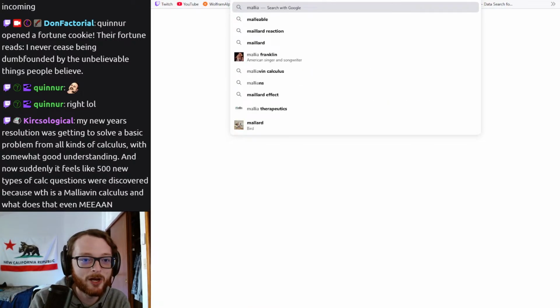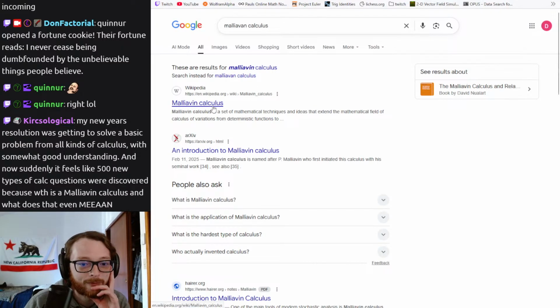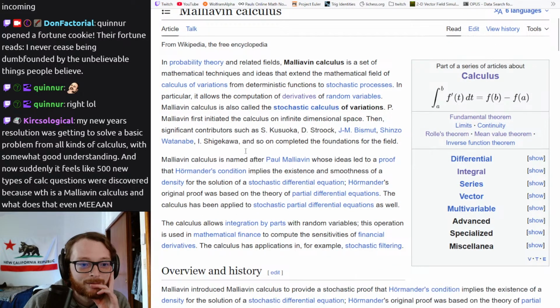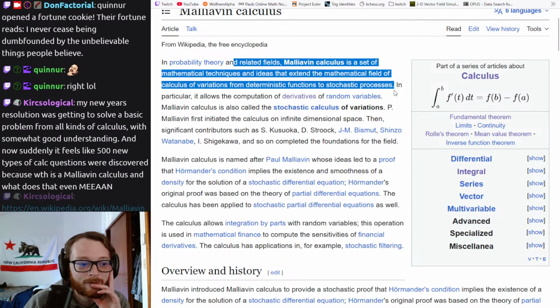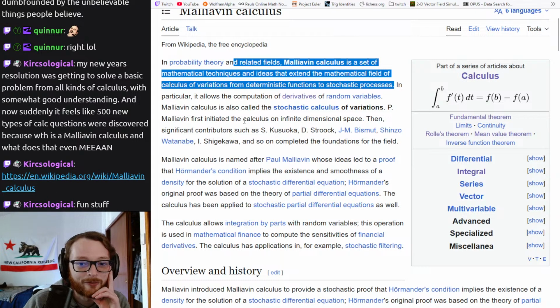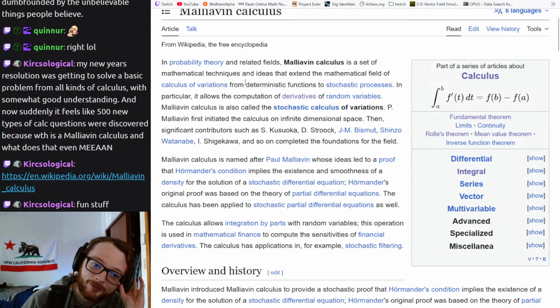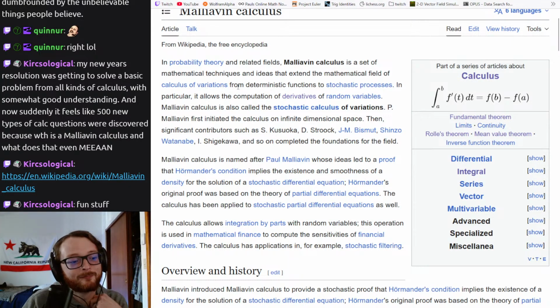Like it's completely unrelated. They just also call other types of math calculus. Yes. So this is something completely unrelated, I think, to the calculus that I think of. Or maybe not, or maybe it uses regular calculus somewhere, but it's its own branch of study. Fun stuff.